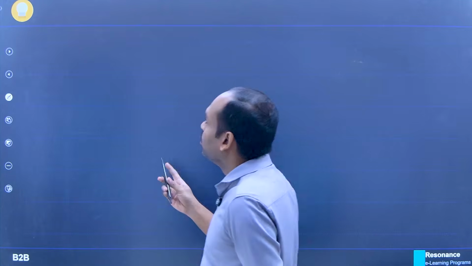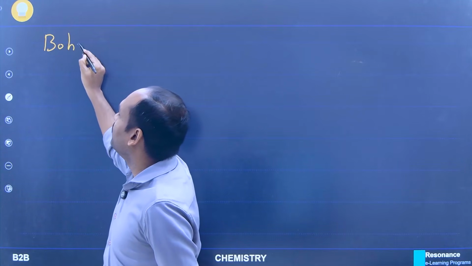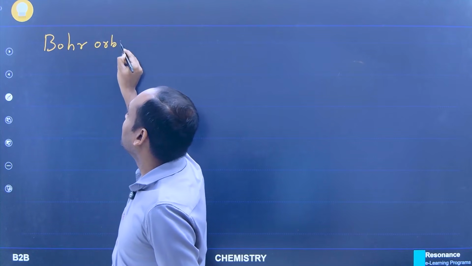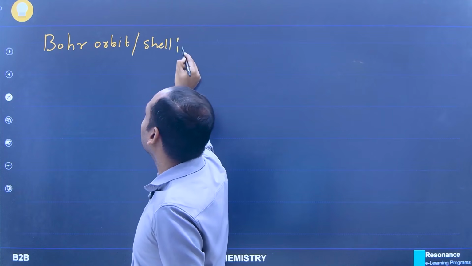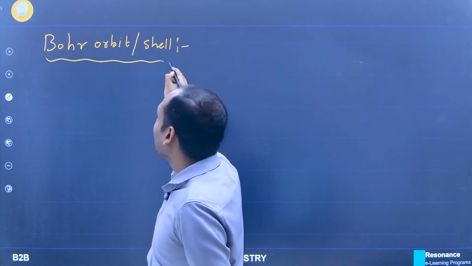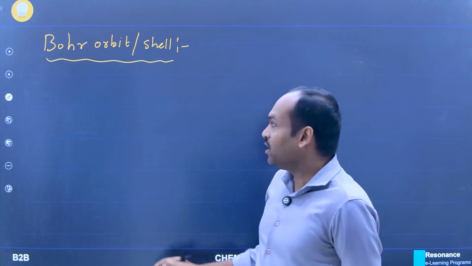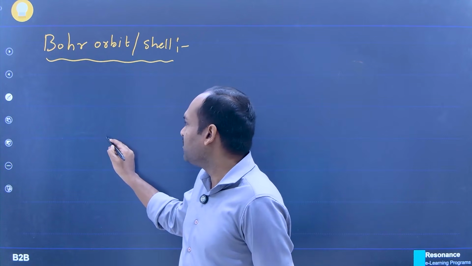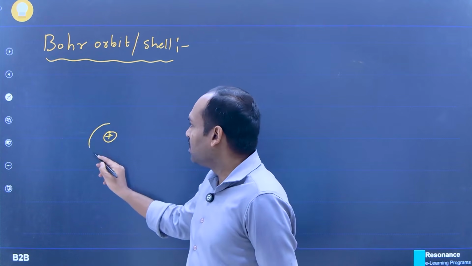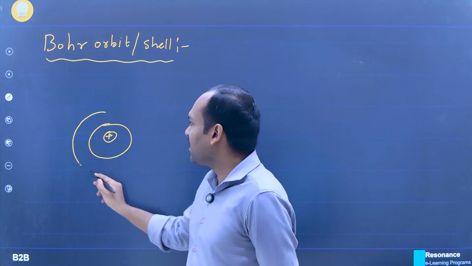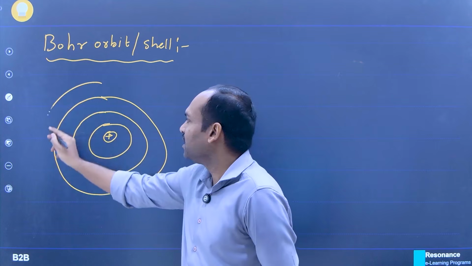Beta, according to Bohr, what is the meaning of Bohr orbit or shell? You studied this in lower classes. According to Bohr, a positively charged dense object is the nucleus, and infinite fixed-energy orbits are present, circular 2D paths.